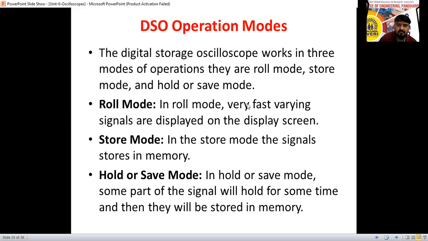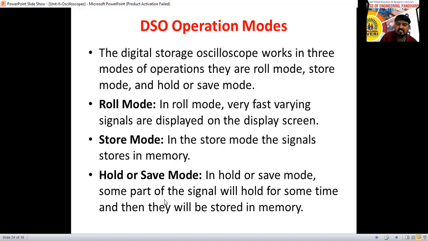There are some operating modes for the digital storage oscilloscope. There are three modes: roll mode, store mode, and hold or save mode. In the roll mode, very fast varying signals displayed on the screen roll over, so we roll it to slow it down. In store mode, we store the value in the memory.